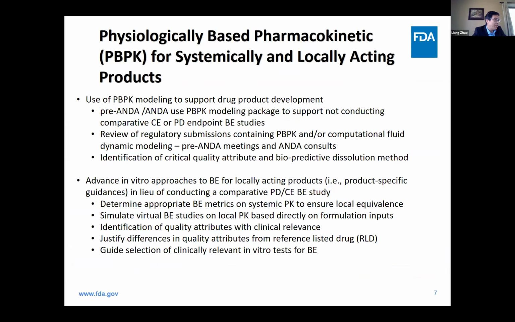Second, PBPK modeling is a key tool set in advancing in vitro and in vitro or in vitro only BE approaches, especially for locally acting products.